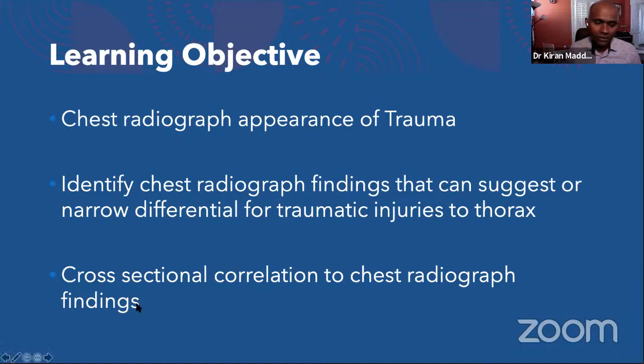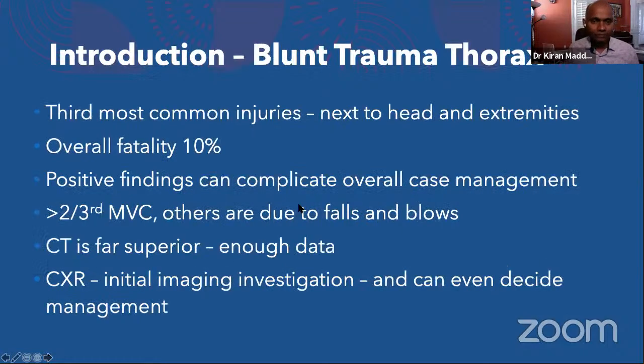And for some of the cases, or maybe most, I added a cross-sectional correlation to the chest radiograph. Cross-sectional here means you are going through the body, for example ultrasound, CT, MR. They have enormous advantage compared to two-dimensional images. I'll show you some examples there.